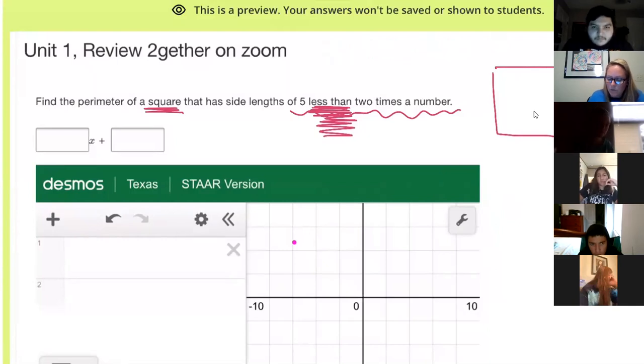All right, Mr. Leal, we're ready to keep moving. Tell them what's next. So I'll do the first part, 5 less than. Since it's at the beginning, the less than would just be a negative, so it'll be -5.